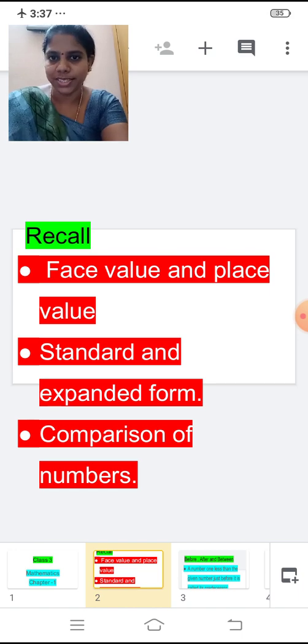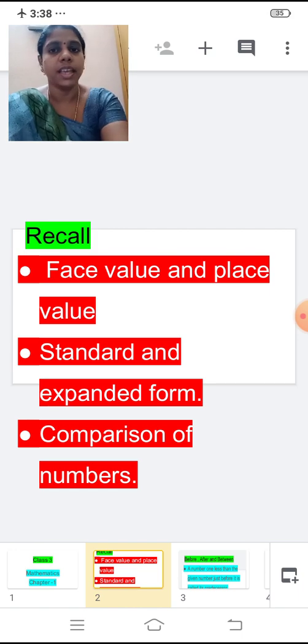Place value depends on the face value and the place or position in a number, whether it is in ones place, tens place or hundreds place.